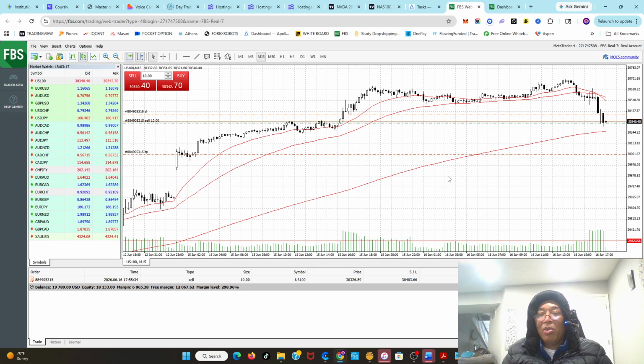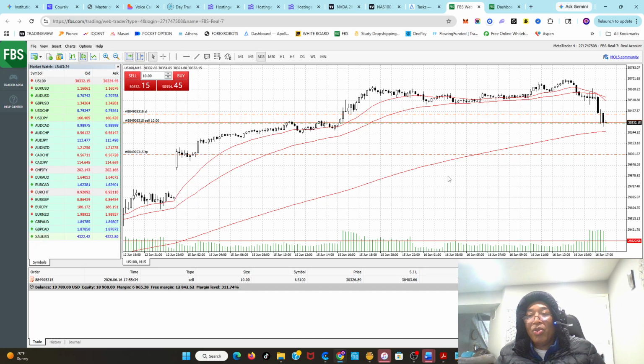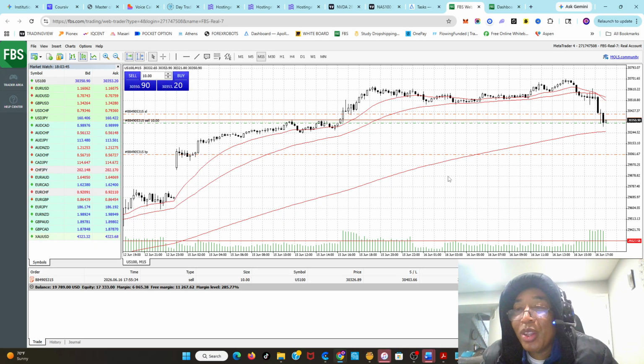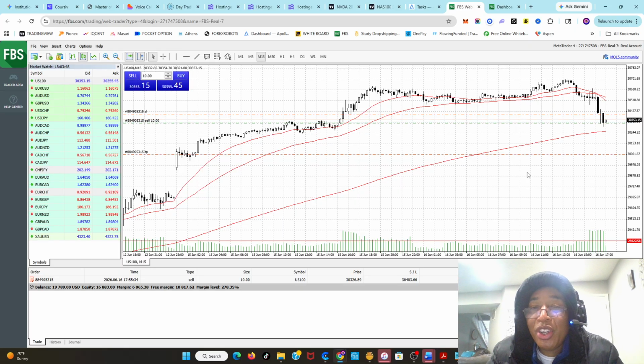Mostly we are doing a 1 to 2 risk to reward ratio. So if you're risking $30, you'll be looking for $60. That way you can calculate what lot size you should go for. So for an account like this, the lot size should probably be 0.01, a micro lot size. Not 10 like we are doing here. Okay, that is too risky. Okay, 10 is too risky.